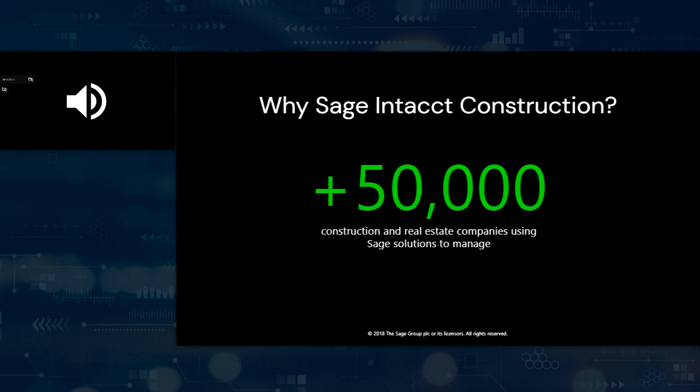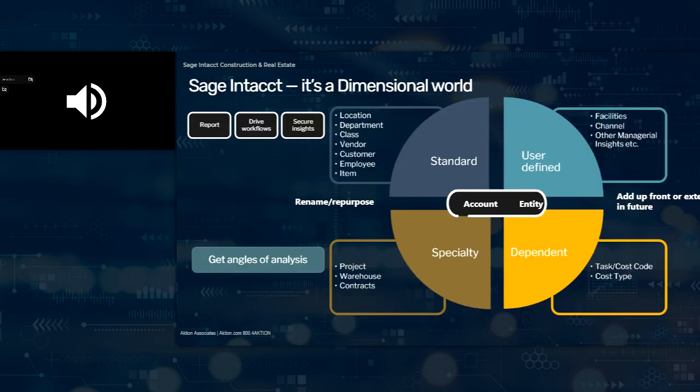One of the big differences in Intacct versus many of the other products on the marketplace is something called dimensions. And dimensions is the way that Sage Intacct tags and catalogs every single transaction in the system. And dimensions are everything from the companies to customers and vendors, or even your jobs and cost codes.